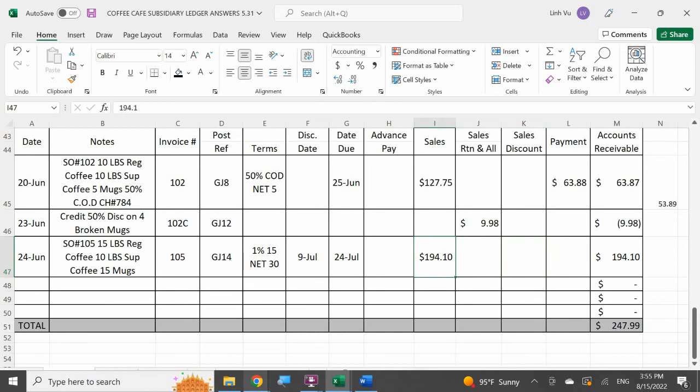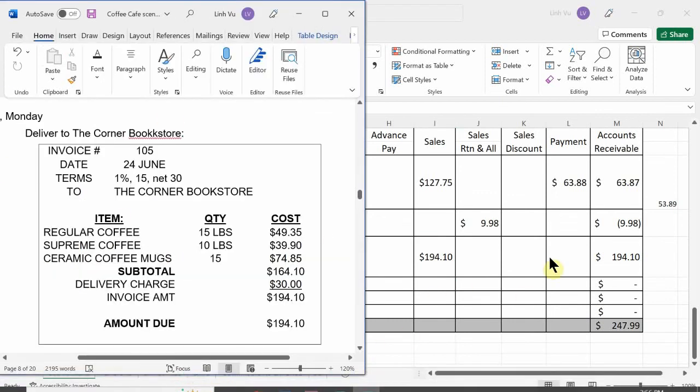And then their balance is now $247.99. Good. All right, now we can go ahead and do inventory. Okay, because you did everything for the subsidiary ledger.